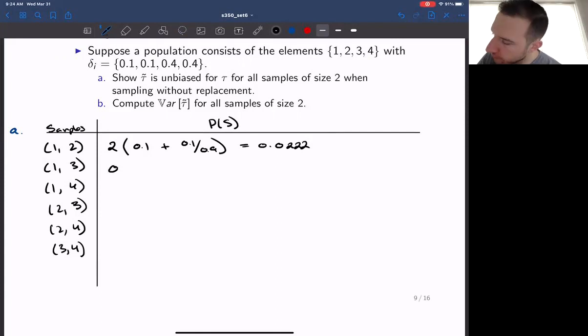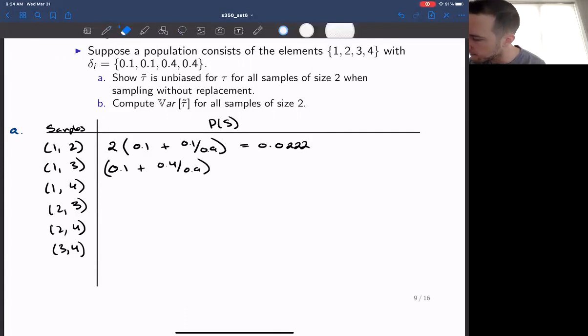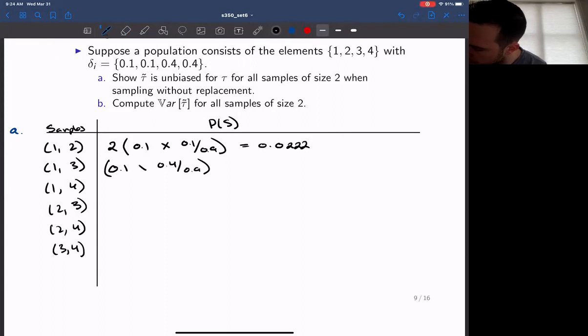If 1 enters first, we have 0.1, and then we'll have 0.4 divided by 0.9. Oh, wait, sorry. I don't know why I'm adding these. There we go.